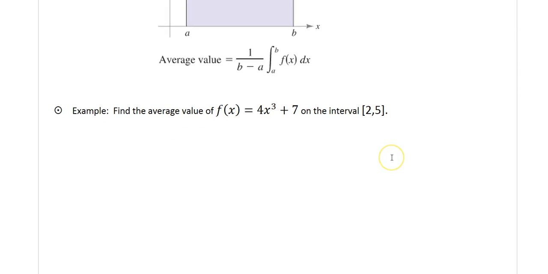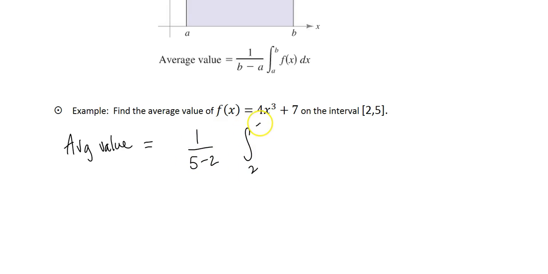So if you want to find the average value of f of x equals 4x cubed plus 7 on the interval from 2 to 5, the average value here would be equal to 1 over 5 minus 2 times the integral from 2 to 5 of 4x cubed plus 7 with respect to x.